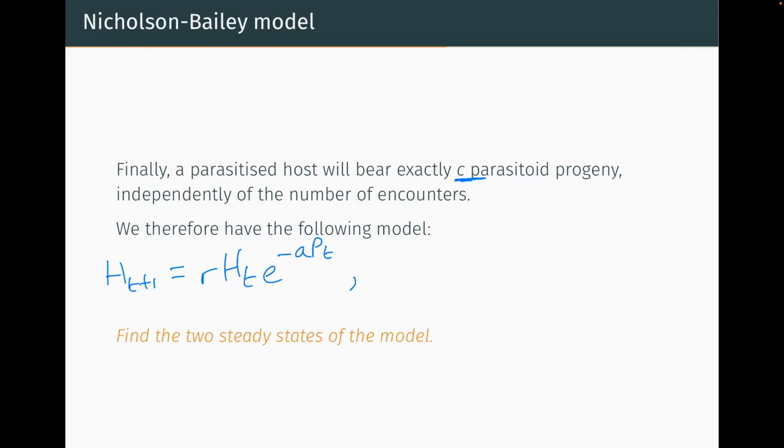Being infected by two parasitoids does not change the number of eggs that are produced. So there's a finite amount that can be produced and that's fixed for infection. So our equation for the parasitoid density is going to be c, the number of eggs produced per host, times the total number of hosts, times the fraction of hosts that are parasitized, 1 minus e to the minus a P_t.